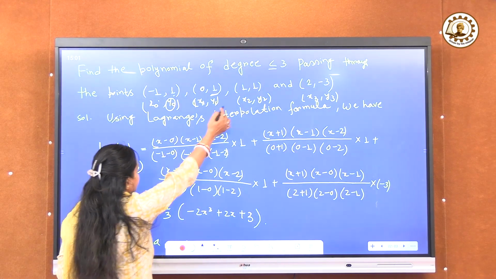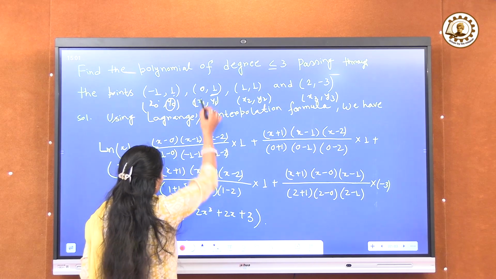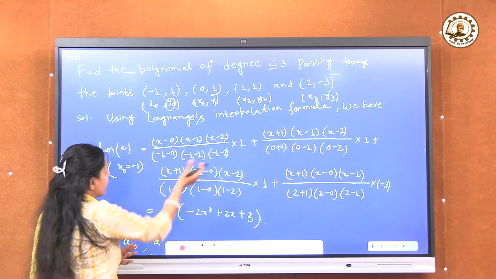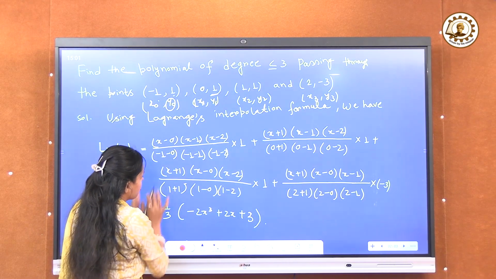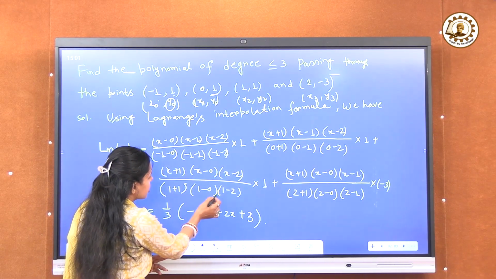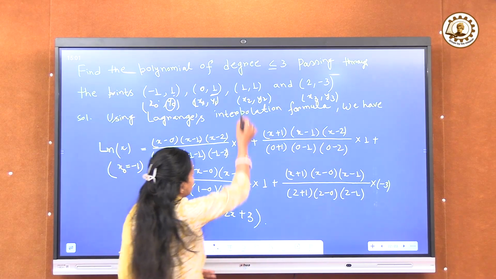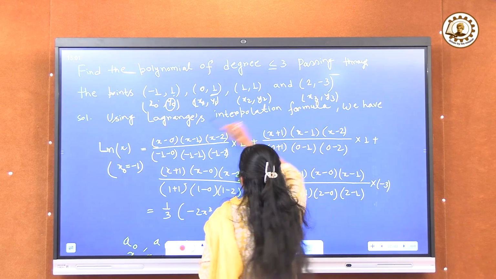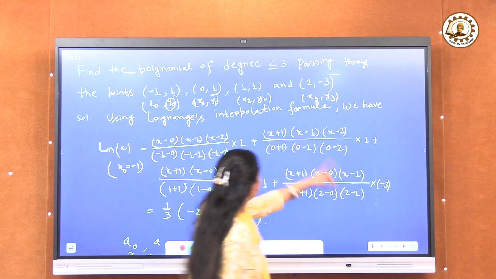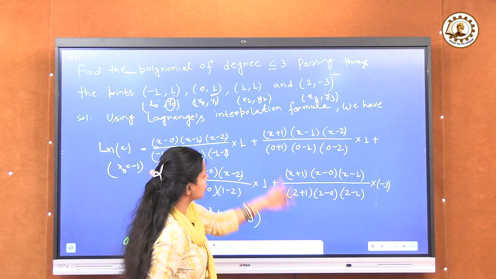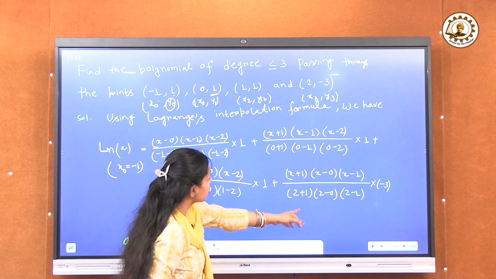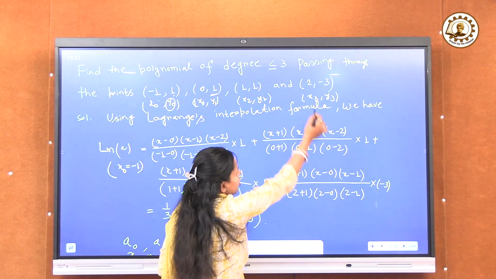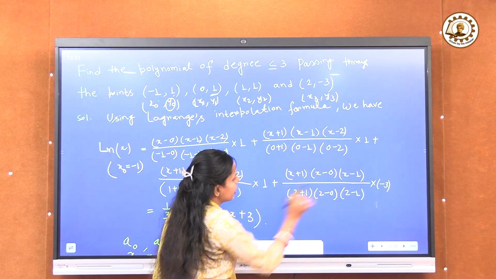Then the third part is (x plus 1), (x minus 0), (x minus 2), where the x2 factor is omitted. We divide by substituting 1: (1 plus 1), (1 minus 0), (1 minus 2), times, as usual, y2. Plus the last portion is (x plus 1), (x minus 0), (x minus 1), substituting x3 equal to 2: (2 plus 1), (2 minus 0), (2 minus 1), times y3. y3 is given as minus 3.